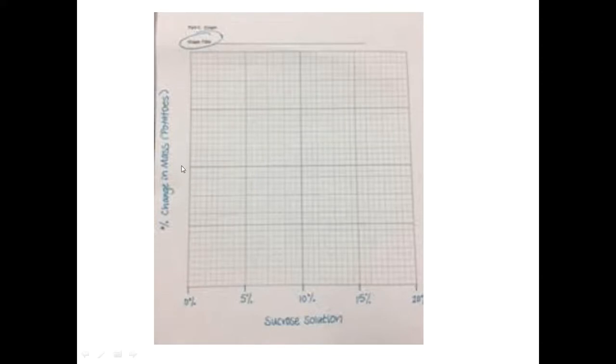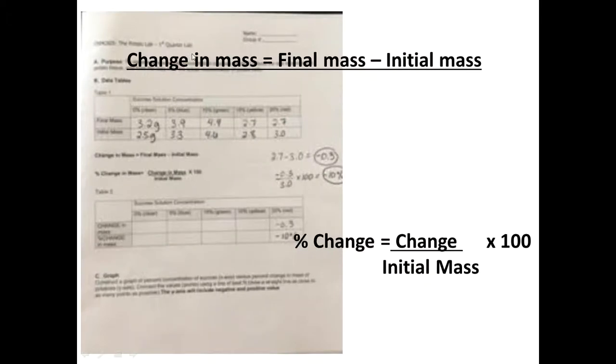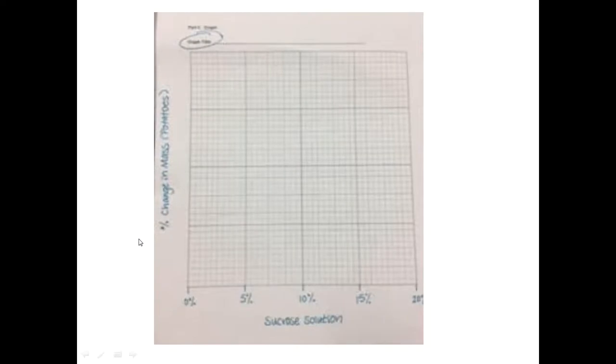I'm not sure if you can read this here, but it says percent change in mass of the potatoes. So that percent change in mass, that very last number that we calculated, where my sample was negative 10%. You're going to graph this last row only, the percent change in mass. That's the row that you're graphing on the y-axis here.